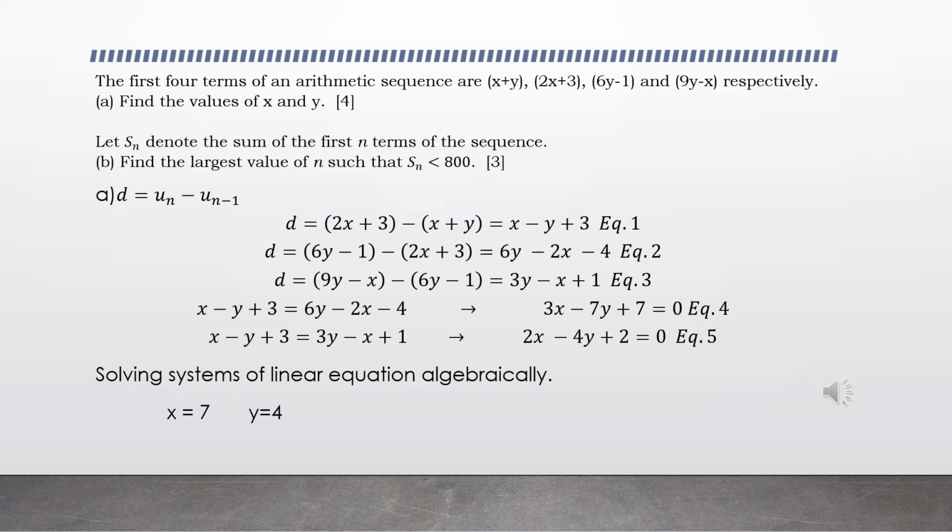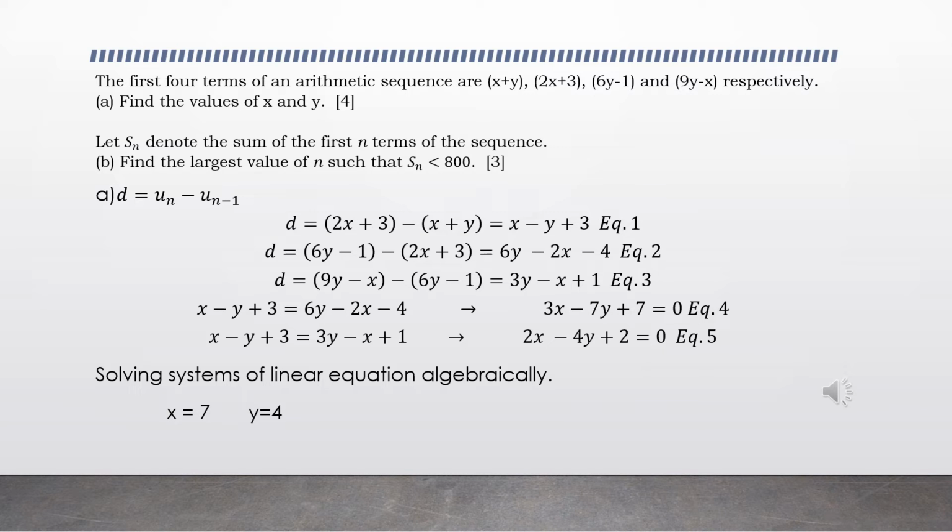We can do the same for the third and second terms. The difference will be 6y minus 2x minus 4. Let's make it equation 2. Then again, let's find the difference between the fourth term and the third term.